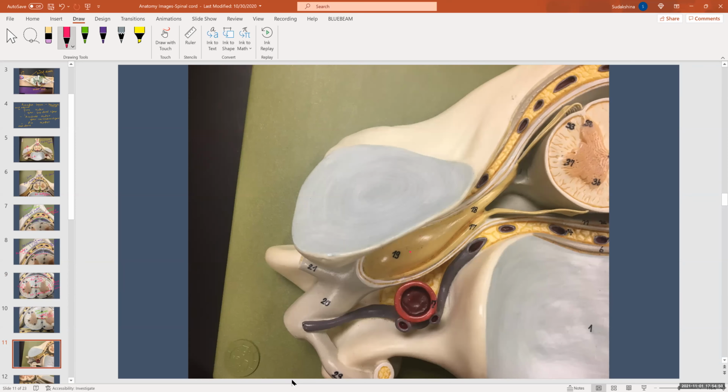So once again, this is the dorsal root, this is the ventral root. All of that is dorsal root. Especially this bulging is called dorsal root ganglion.